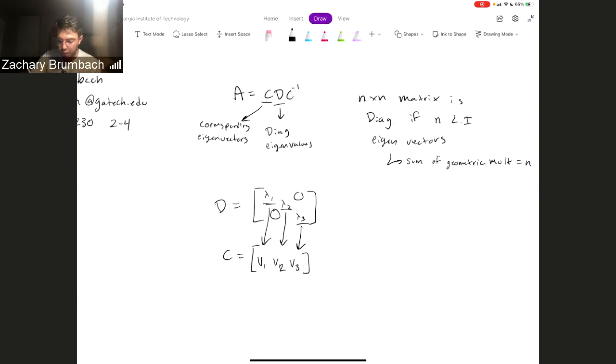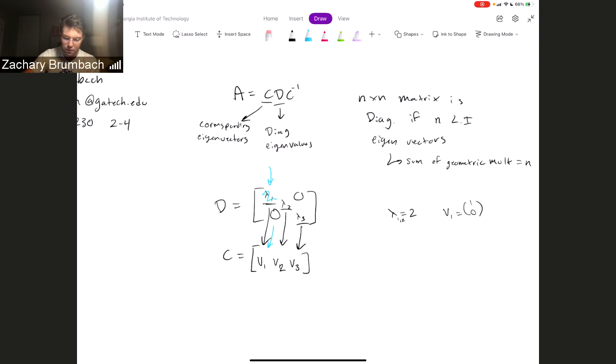Like if you have one repeated eigenvalue, lambda equals 2, lambda 1 and lambda 2, and you only get a vector 1 like this, then you cannot have a diagonal matrix, because for every eigenvalue here there is not an eigenvector. You would have a 2 here, and then that vector down here, and then another 2 here, and you can't repeat the same vector there. So that's why that doesn't work.